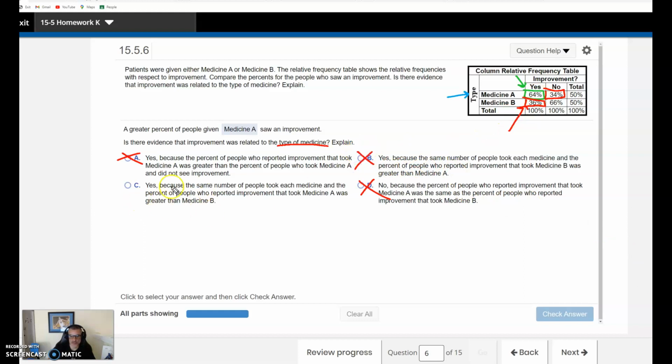So that leaves us with this final one. Yes, because the same number of people took each medicine. Notice over here, 50%. When it says same number of people, 50% took each medicine. And the percent of people who reported improvement that took medicine A, that's our green right here, was greater than medicine B, that's our red right here.